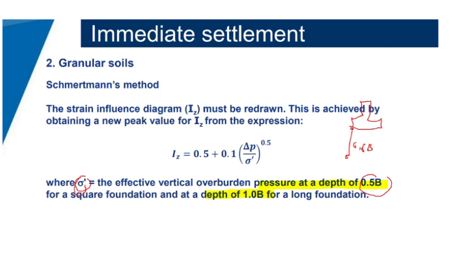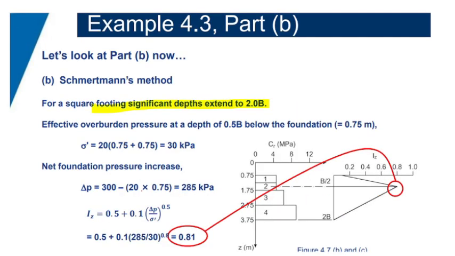And if it's a long foundation, we are going to use 1B. Again, 0.5 B is for square, and 1B is for long foundation. So how are we going to calculate? Since this one is a square footing, we are going to use 0.5B. So what is the effective pressure here?